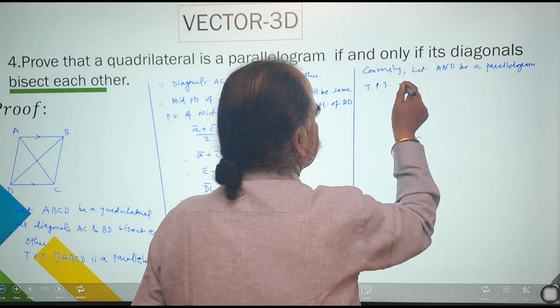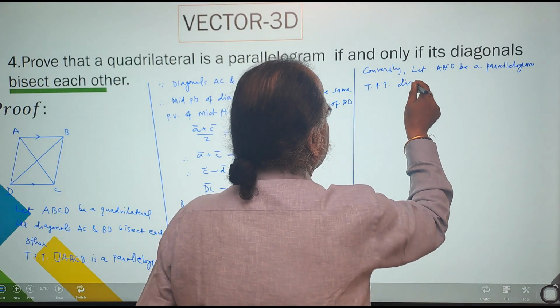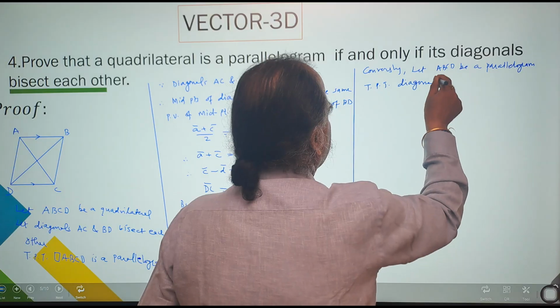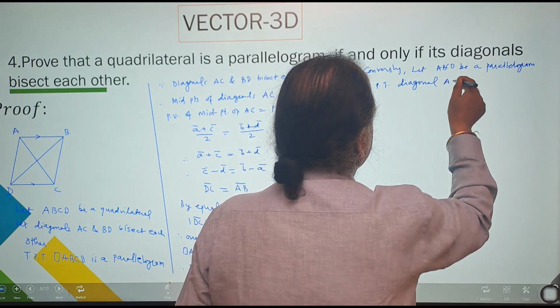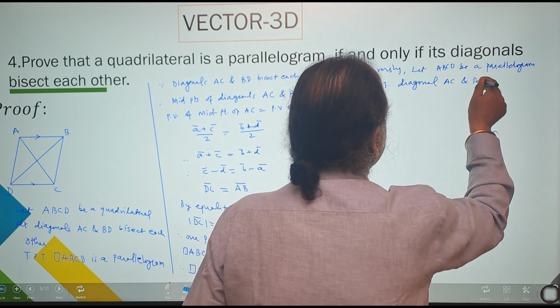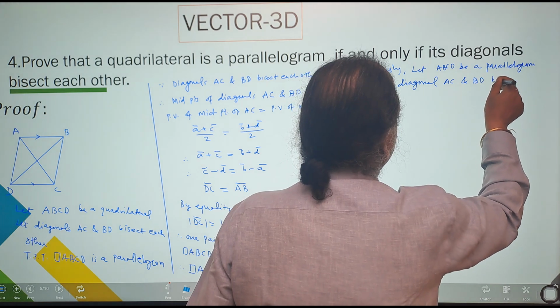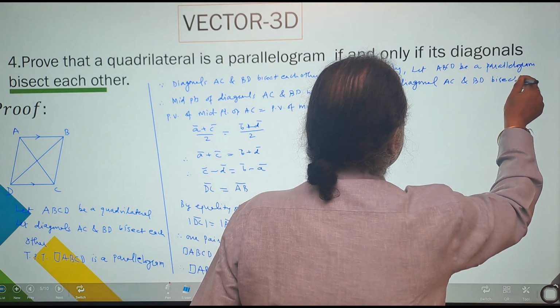To prove that diagonals AC and BD bisect each other.